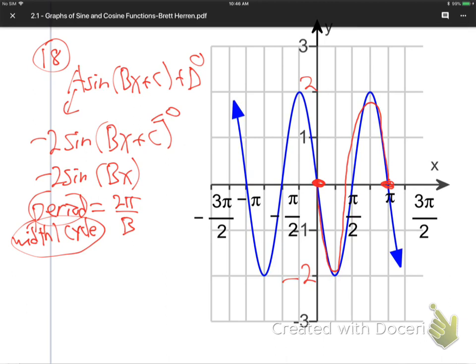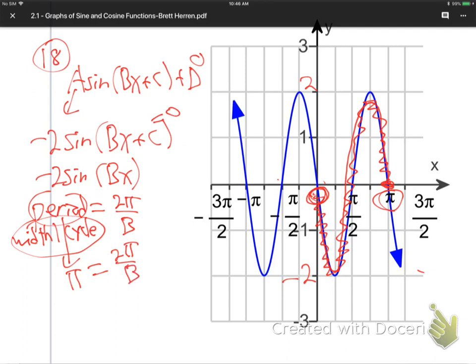The red here, this is one cycle. Goes low, goes high. That goes from 0 to pi, doesn't it? So the width of that is pi. That means this period is pi. Everybody see that? The period is pi.